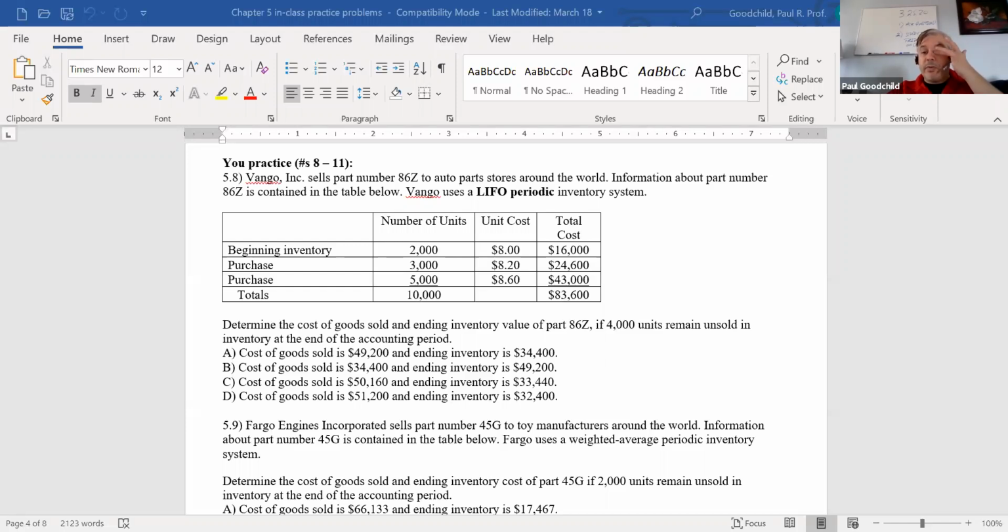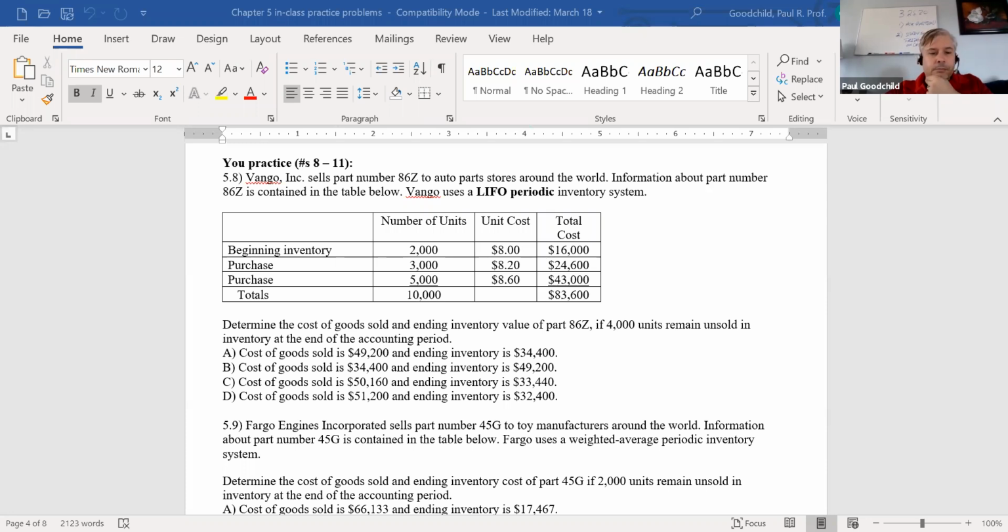So the first one says, enter each transaction in the accounting equation. Assume the company uses a perpetual inventory system. Start with the opening balances in cash and common stock described at the beginning of the problem. All right, so for some reason it seems to want this at the bottom, but we'll say 12,000 cash, 12,000, oh, not retained earnings, sorry, contributed capital, 12,000 common stock.